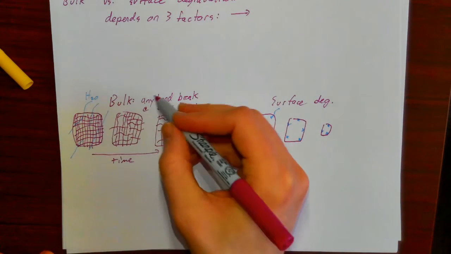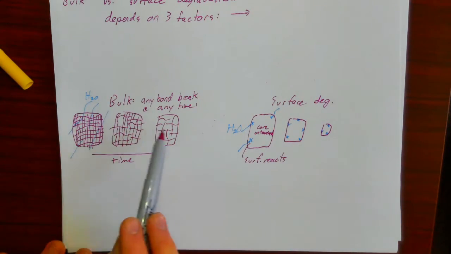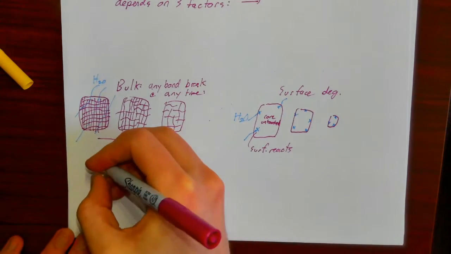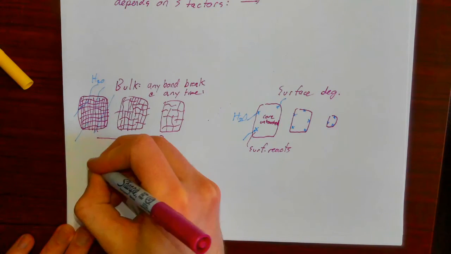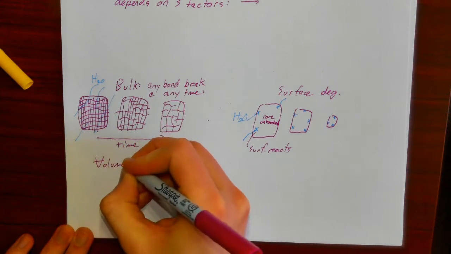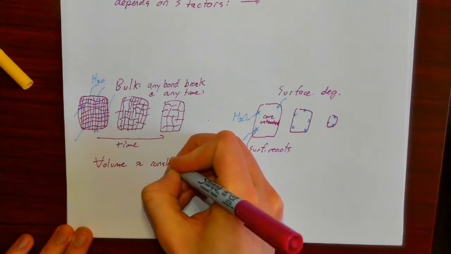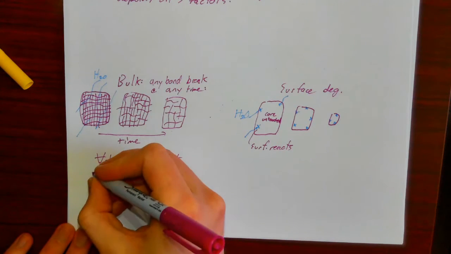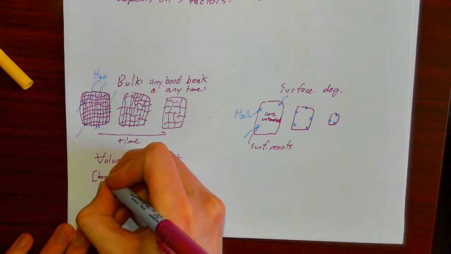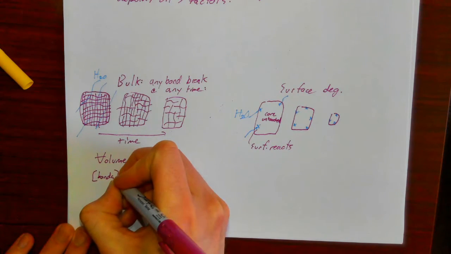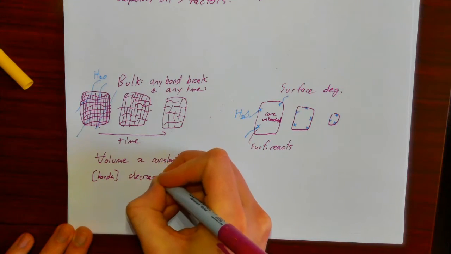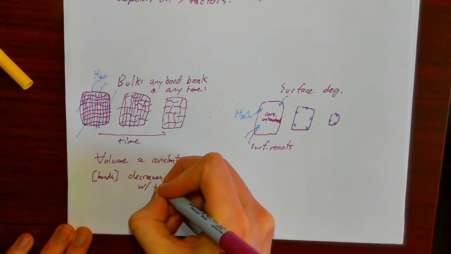So in bulk degradation, any bond can break at any time. In this idea, the volume is approximately constant, but the concentration of bonds decreases with time.